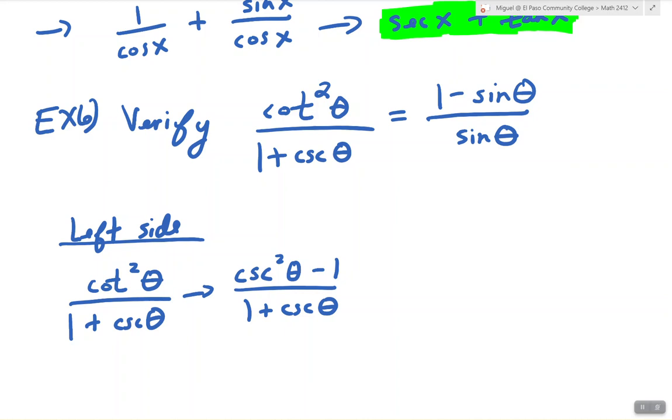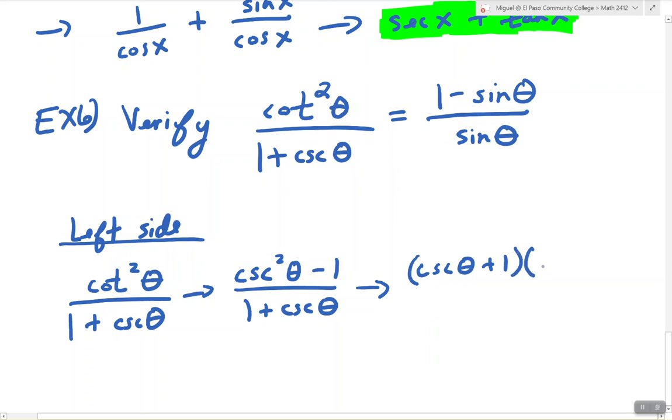Because this is squared, this is a difference of squares. This is a perfect square, this is a perfect square. So we can factor this to cosecant plus 1 and cosecant minus 1 on the numerator. So we'll do cosecant plus 1, cosecant minus 1.